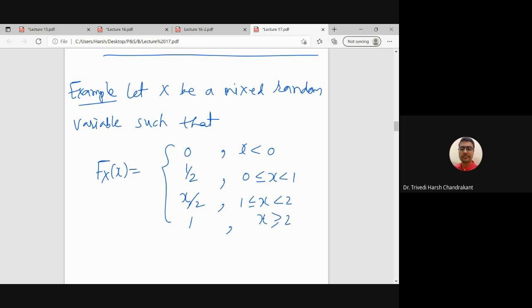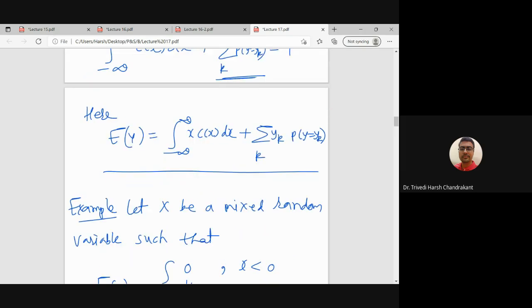So let us use the direct formula, because now we know at which points it is discontinuous. There is only one possibility of yk, that is 0, and in the other place we need to integrate.